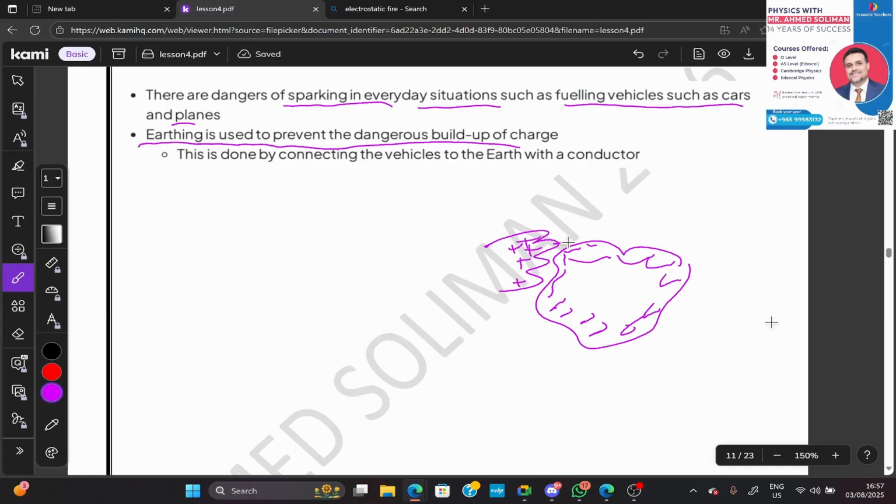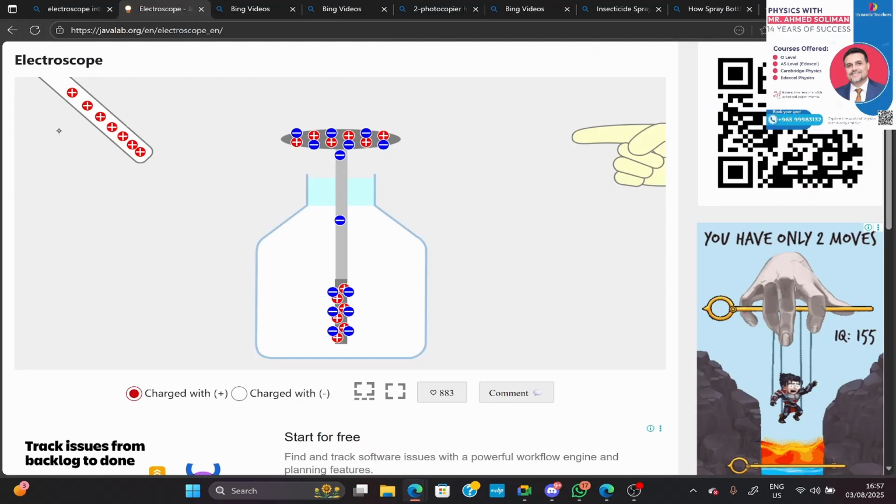The spark will happen. So to prevent this spark, what should you do? You have to earth the object. What is meant by earth? You connect the object using a conductor to the earth. Now, what happens to the negative charge? The negative charge will move to the earth. Like what? Like this example.